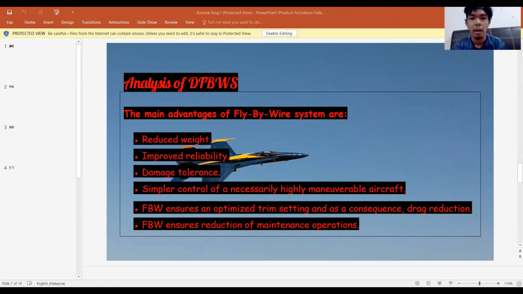Next, fly-by-wire system ensures an optimized stream setting, which causes the reduction of drag forces. And the last one is fly-by-wire system ensures reduction of maintenance operations.